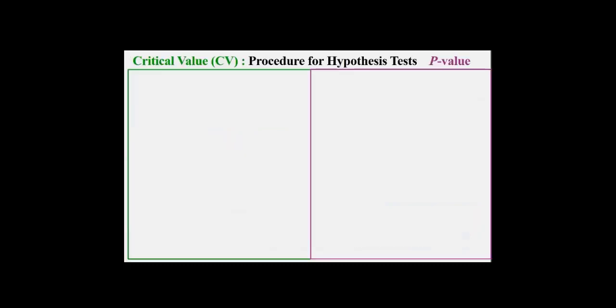The procedure for hypothesis test. There are really three procedures: critical value, p-value, and the confidence interval. We've already seen that. So when we do that, the very first step is to come up with the null and alternative hypothesis. You write down H0, you write down H1.